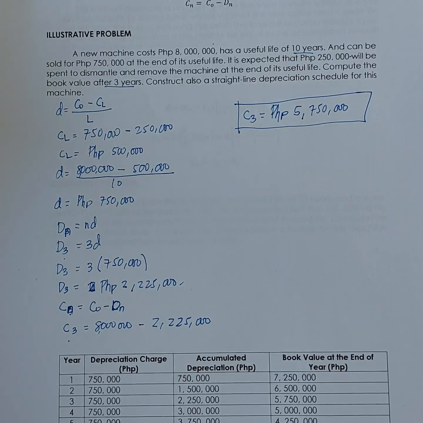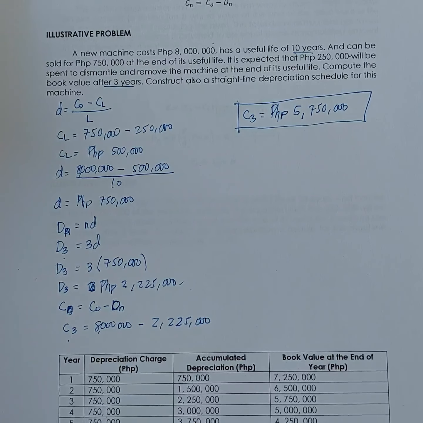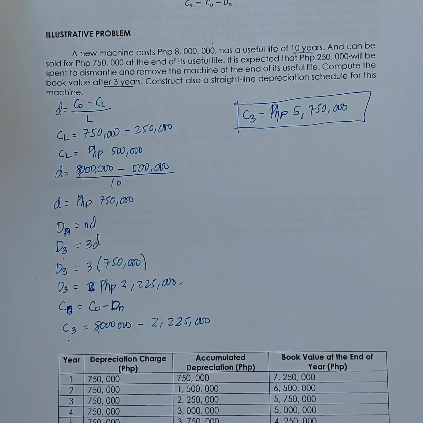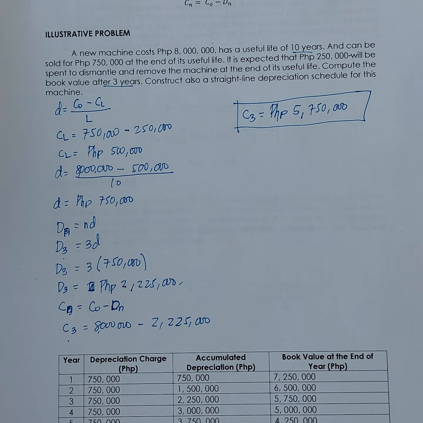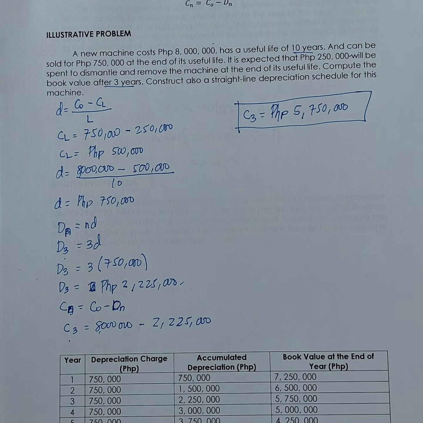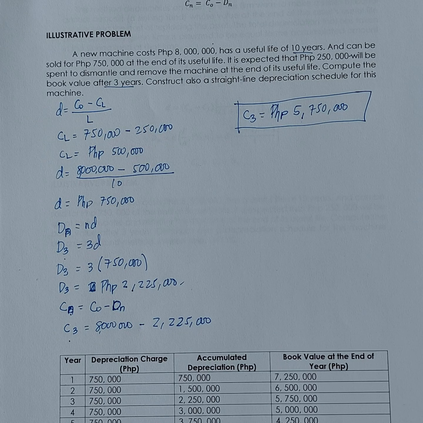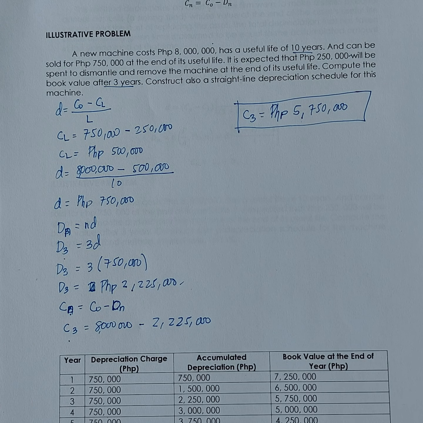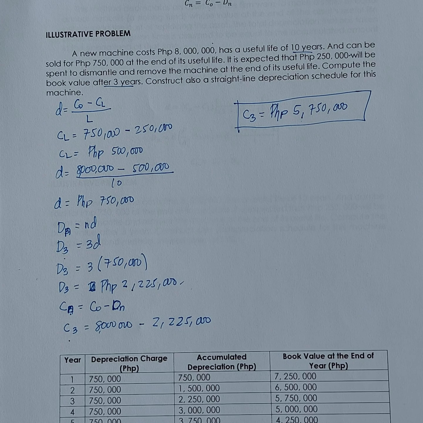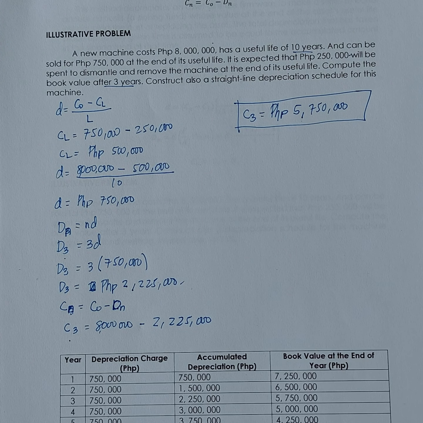Next, we are also required to construct a straight line depreciation schedule for this machine. We tabulate from the first year until the end of its useful life how much the depreciation is each year and how much the book value is for each year.